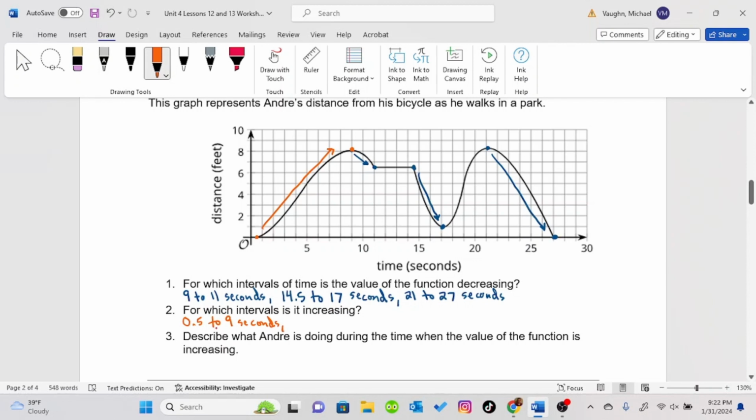Then we can see from the point at about 17 seconds to the point at about 21 seconds, this slope is increasing.